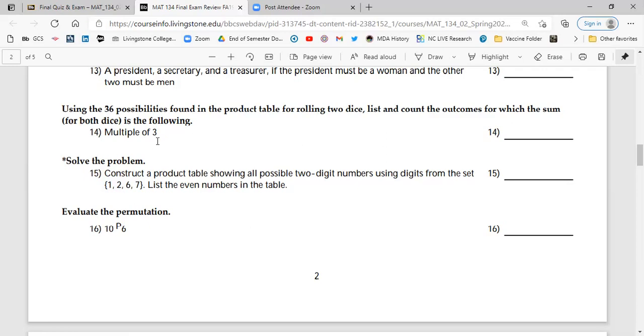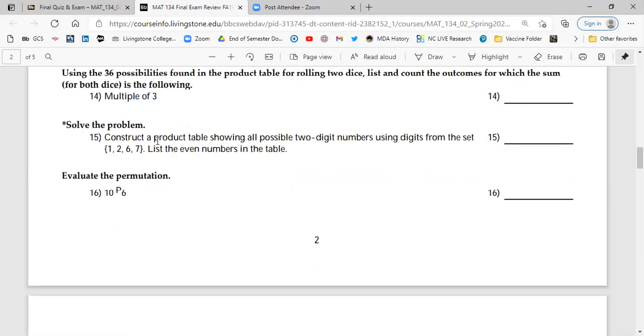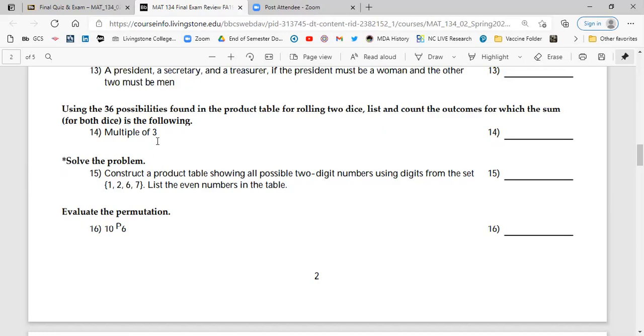So basically you're looking for numbers that add up to 3, 6, 9, 12, 15, 18, and you keep going until you get to 36. No questions there? Multiple of 3. Oh, that's just multiple of 3.